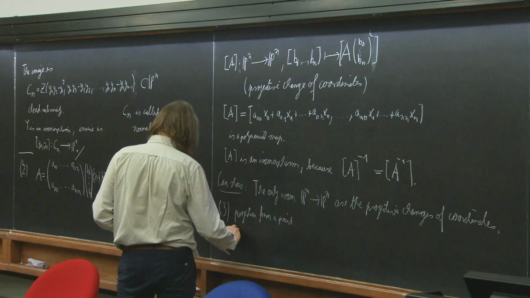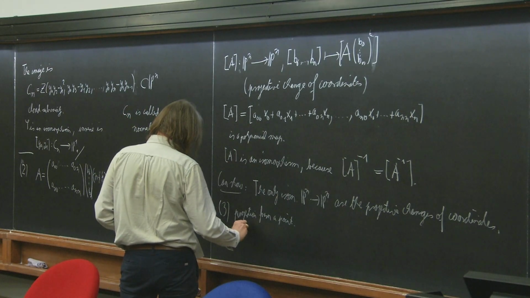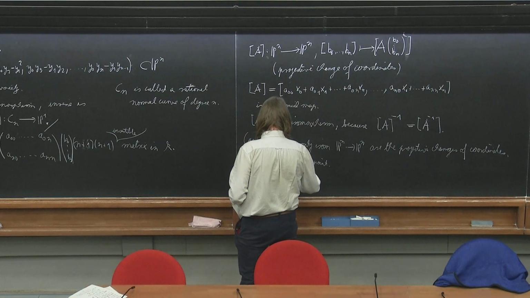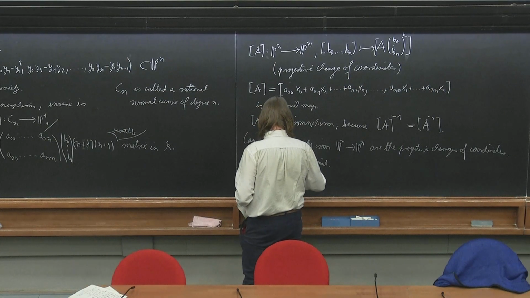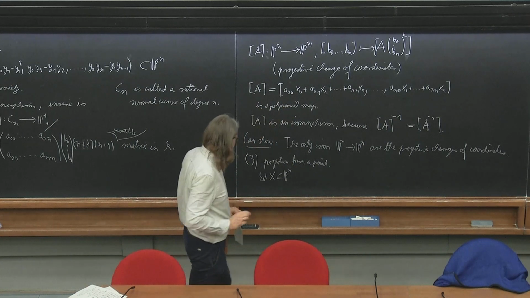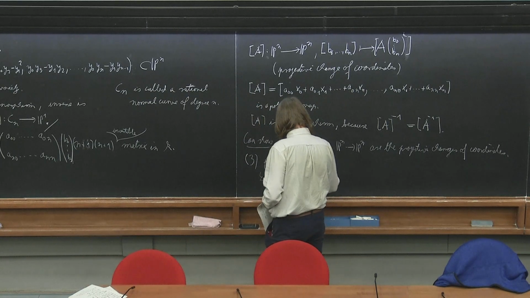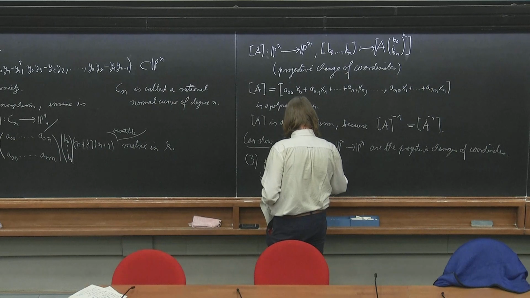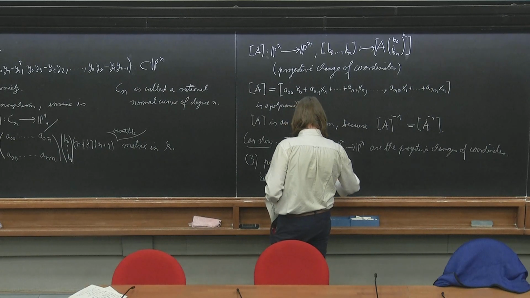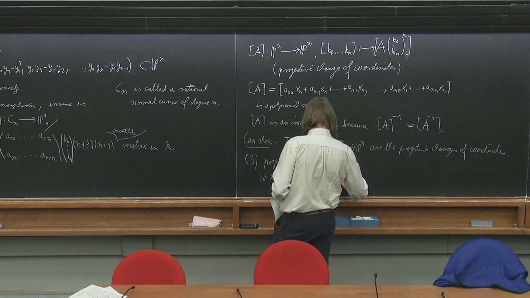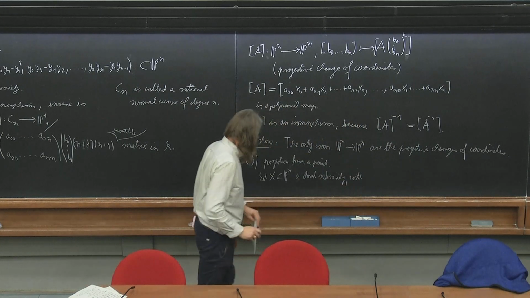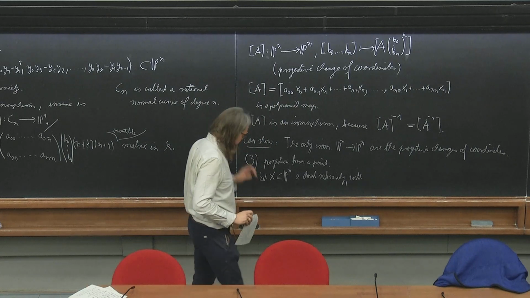Assume we have X, a closed subvariety in Pn, such that a certain point is not in it.